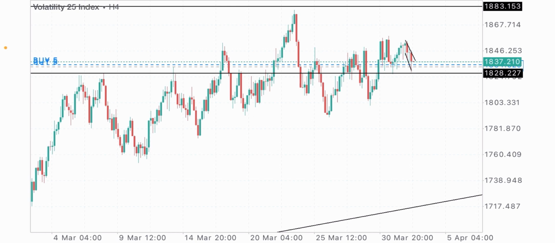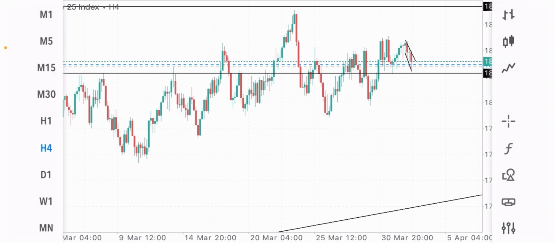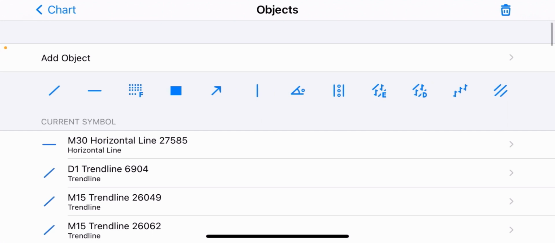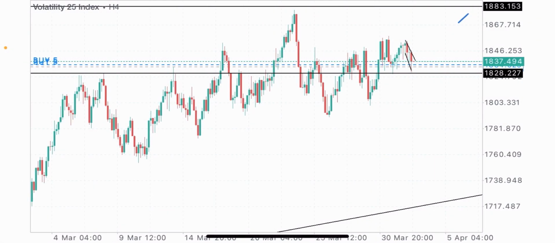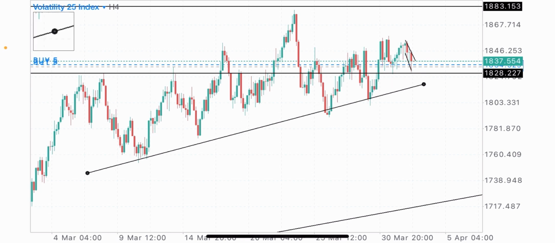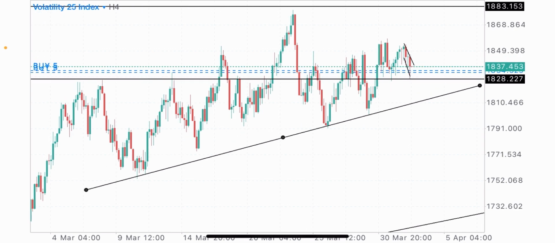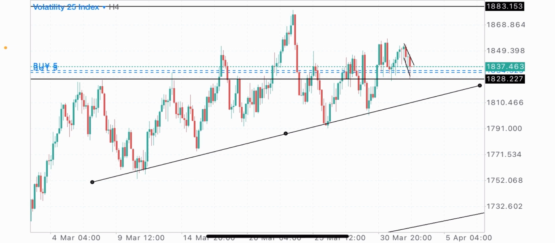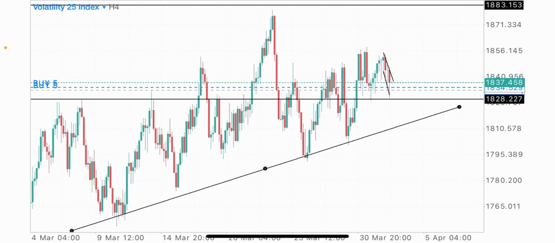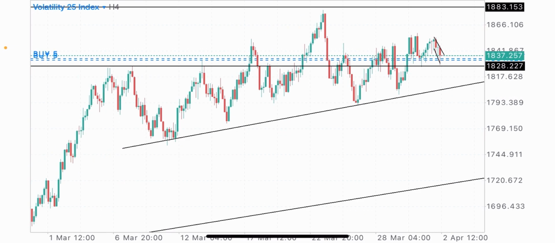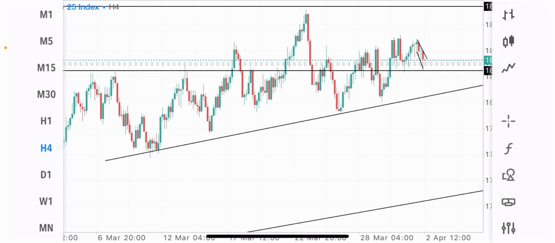So this is VIX 25. Like I said earlier, it is pushing to the upside. You can see clearly that the market is printing the highs and the lows. It's printing the higher highs and the higher lows. All right, so if I'm placing my trend line here, it's going to help you see clearly how the market is going upwards.